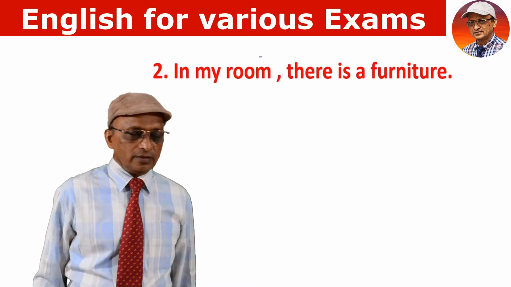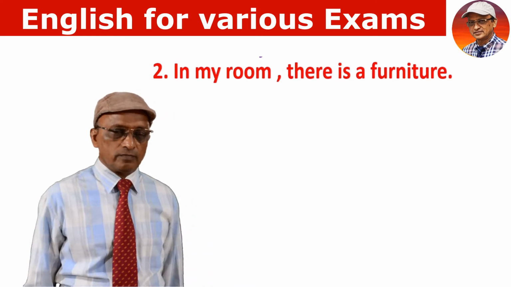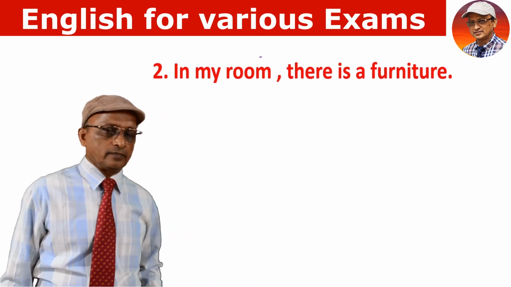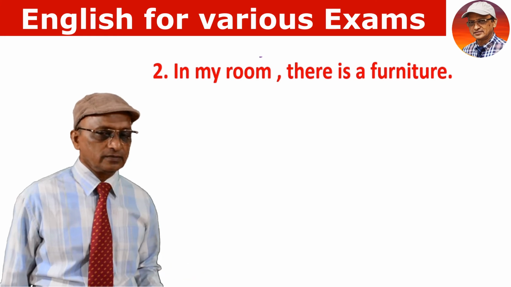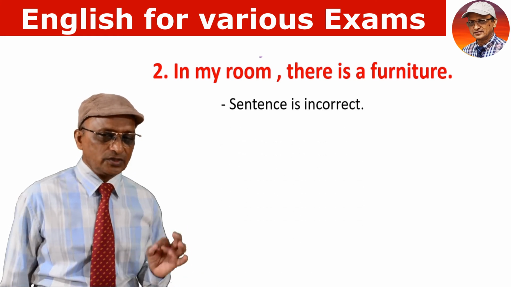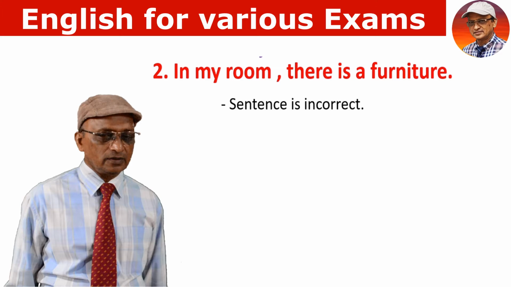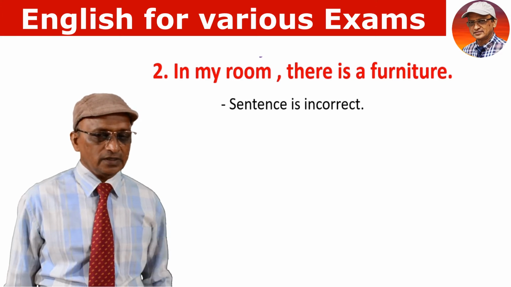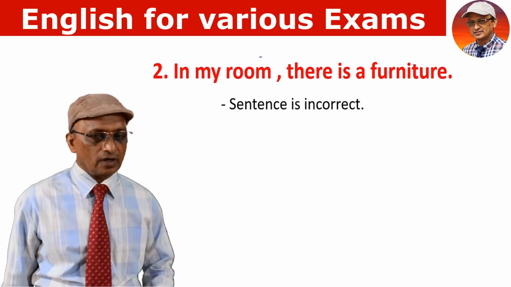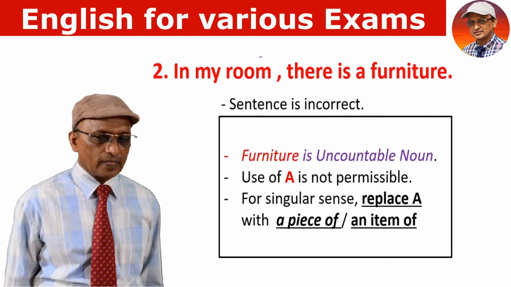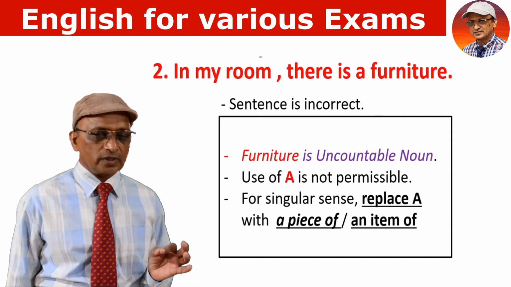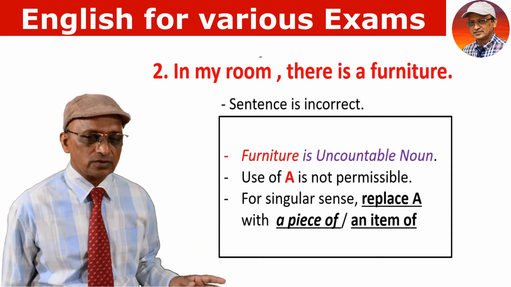Here is another question, and the question is, in my room there is a furniture. Is there anything wrong with the sentence? Yes. This sentence is not correct because furniture is an uncountable noun. With this, article A is used. Our rule says that with uncountable noun, article cannot be used.